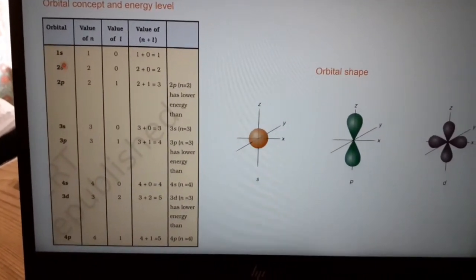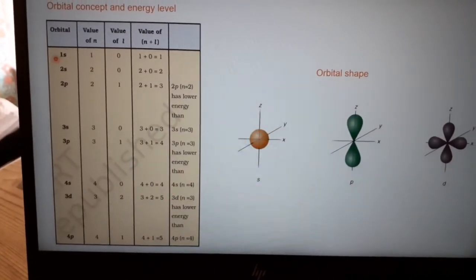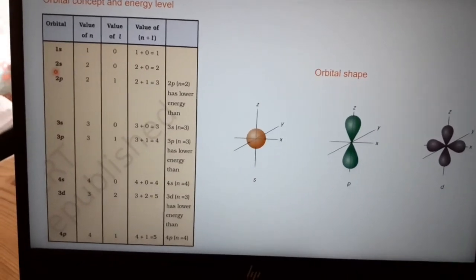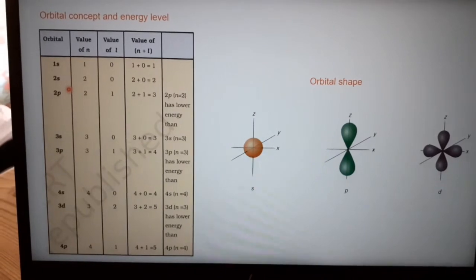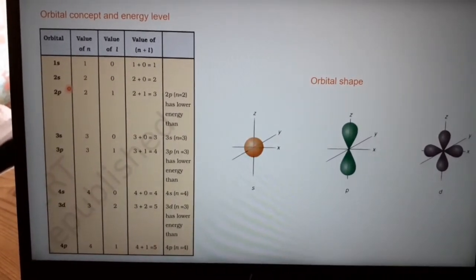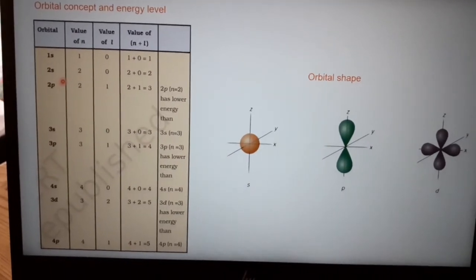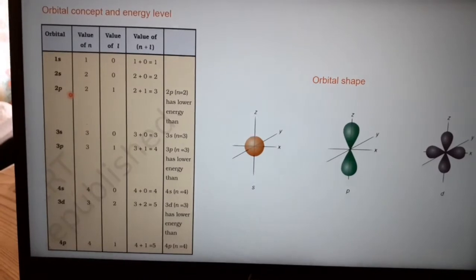Next, here I have written something interesting: 1s, 2s, 2p. Often these things come up in your examination. If the orbitals have the same n value, that is, the same principal quantum number, that means the electrons have the same energy level, right?